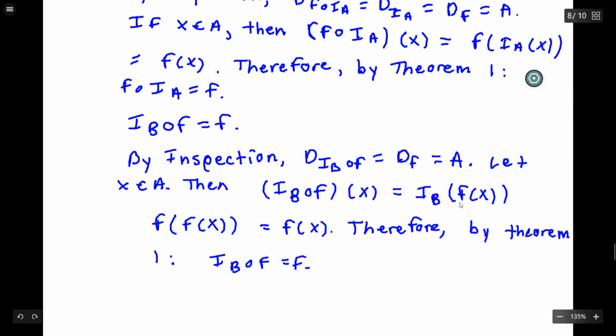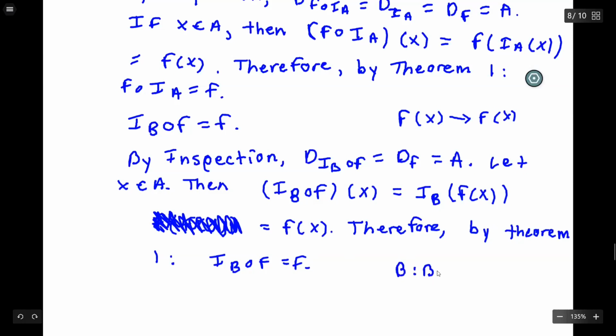What I'm saying here is that the identity function on B essentially maps all the elements in B to B. So you could say it maps f of x to f of x. I don't think I should be saying this necessarily, but what we're saying with the identity function on B is that we're mapping all the elements in the set B to itself.